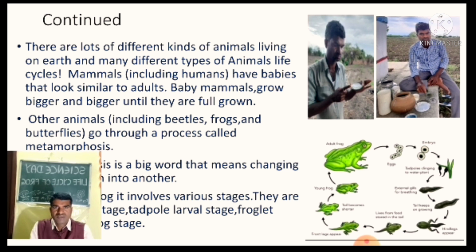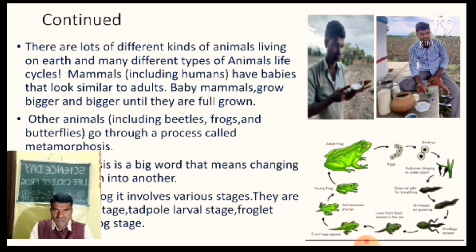There are lots of different kinds of animals living on earth and many different types of animal life cycles. Mammals, including human beings, have babies that look similar to adults. Baby mammals grow bigger and bigger until they are full grown.